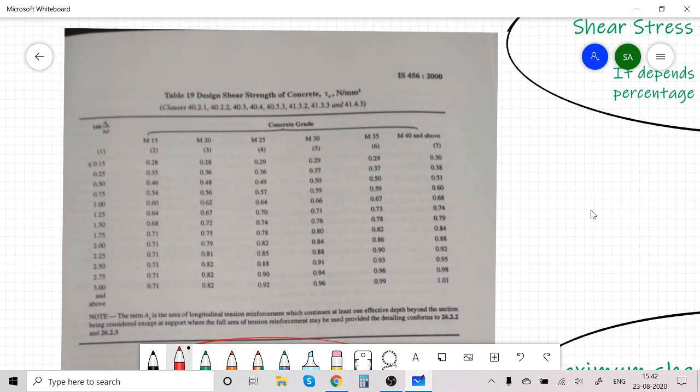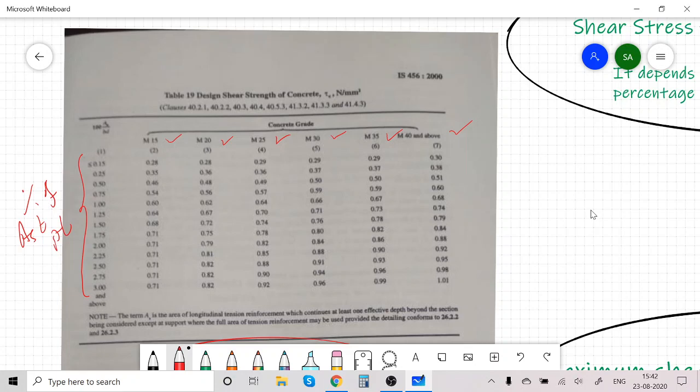Now here you can see M15, M20, M25, M30, M35 and M40 and above. These are the grades of concrete. This shows the percentage of Ast, that is pt. These values indicate pt and corresponding values of tau c we can find.